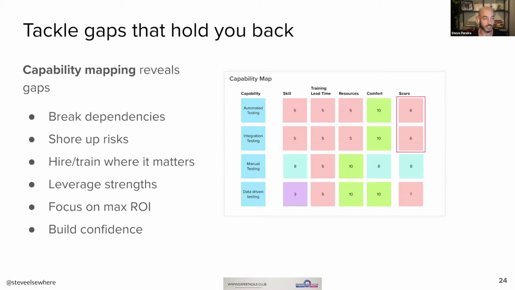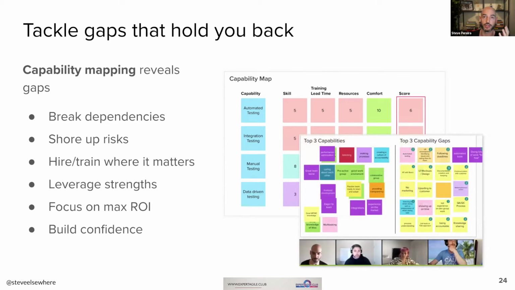So in this case, what we want to look at is automated testing, integration testing, manual testing, environment management, data management, whatever it is that we think is going to make the biggest difference in our constraint. And so we look at this from a few different angles.